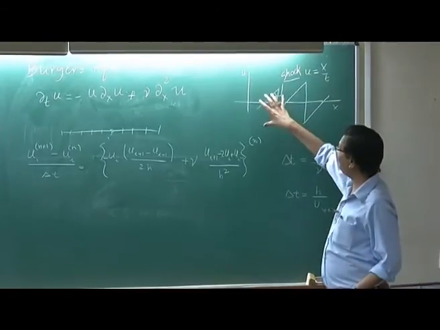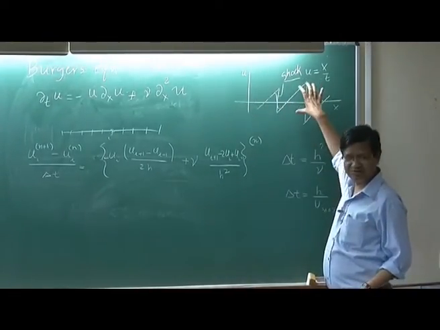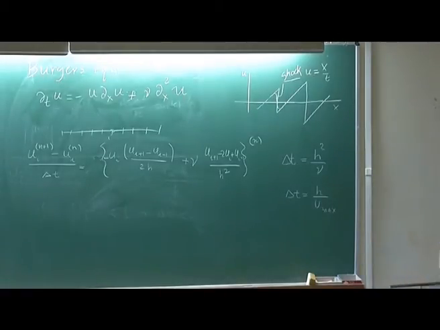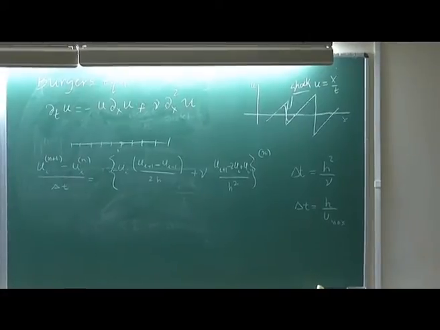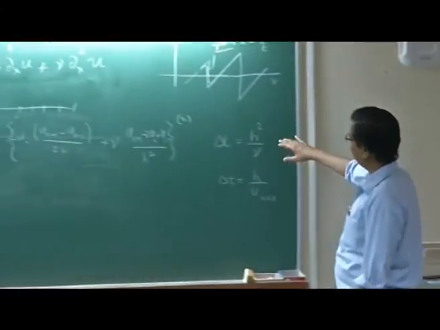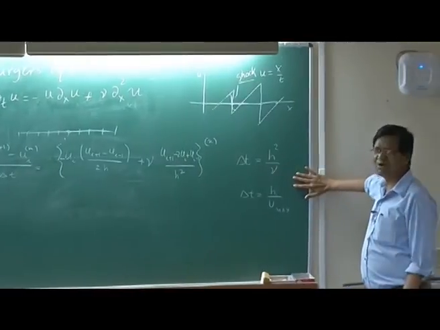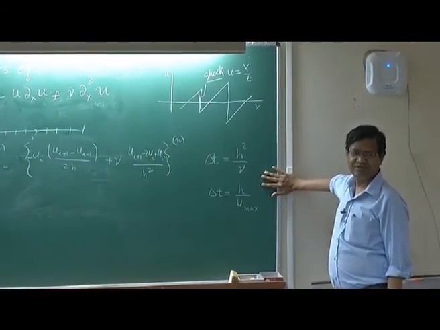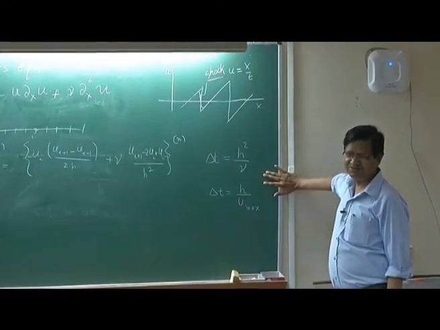This front is moving, these cars are moving. If I have a small h, then I should be able to resolve my delta t so that the time the fastest car takes to cover that h, my delta t must be smaller than that. So, these are two time scales, and you should choose the smaller of the two.